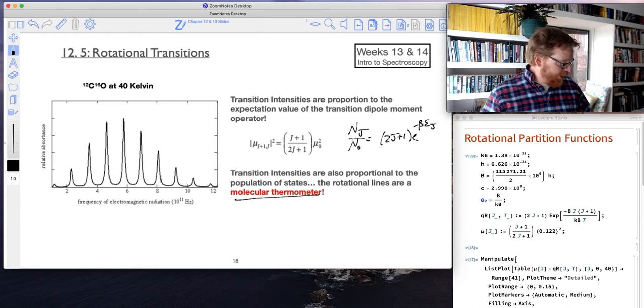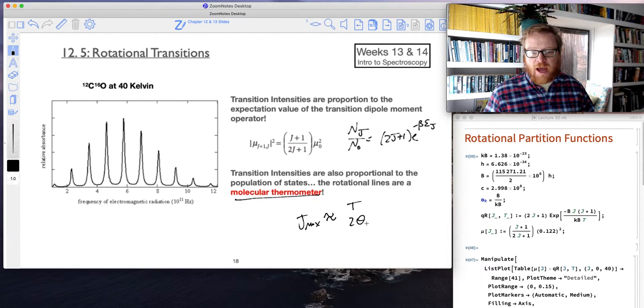So it can be shown from this Boltzmann population that the J max value is approximately T divided by 2 times theta R, minus 1/2, okay? And theta R is the rotational temperature, and I'll show you that equation soon.